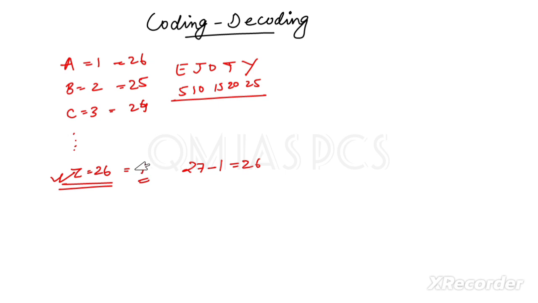Similarly, whatever the total number of students, just add one first. The total number of students is 26, I have added one, so it will be 27. Then we subtract the rank of that person. So we can say number plus 1 minus backward rank, and we will get the forward rank.